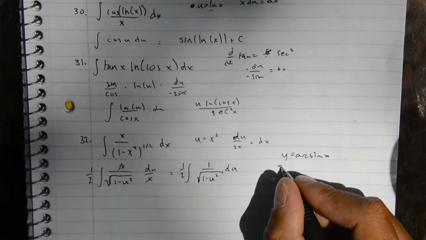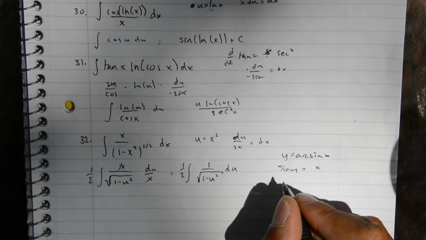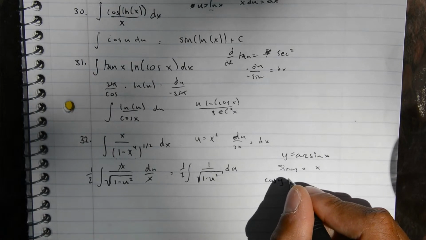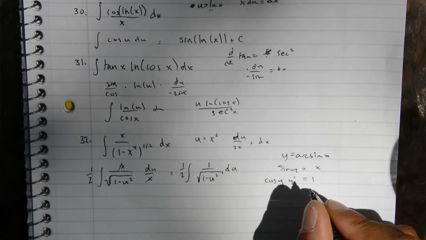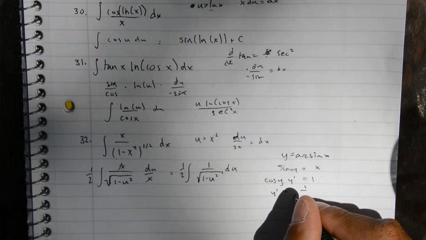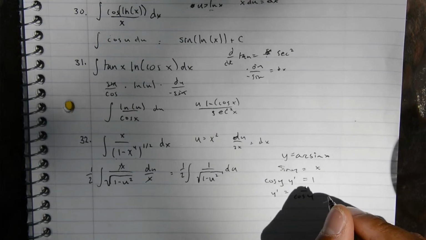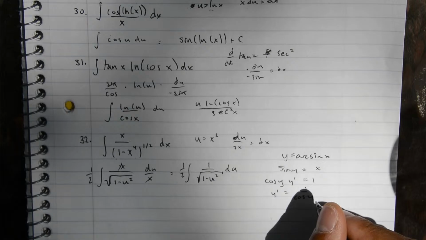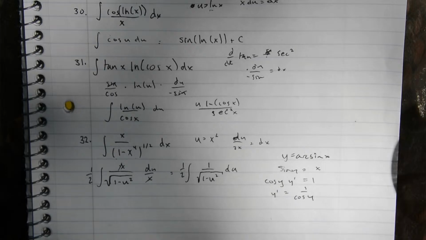So then you get sine y equals x. Then you get cos y times y prime is equal to 1. Then you get y prime is 1 over cos y. Then you get, wait, this does not seem right at all.